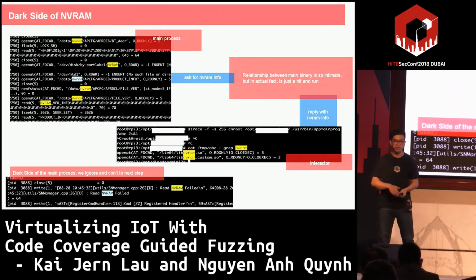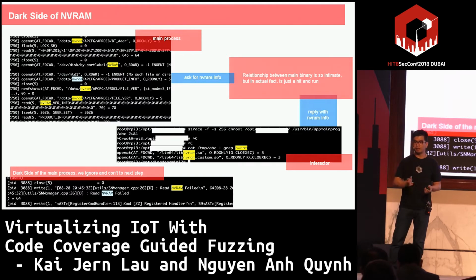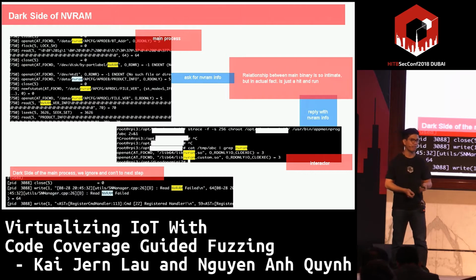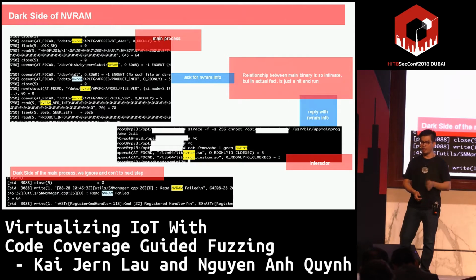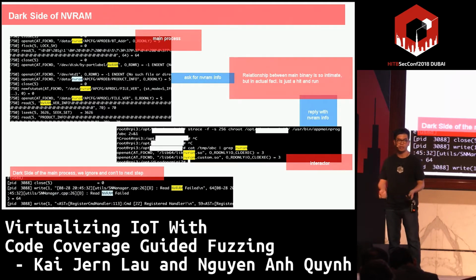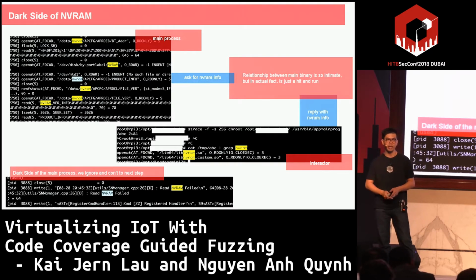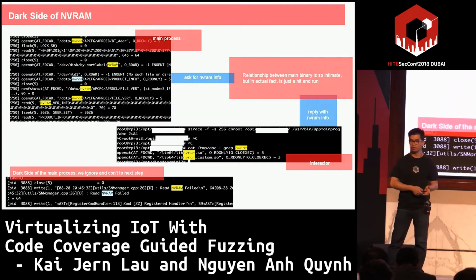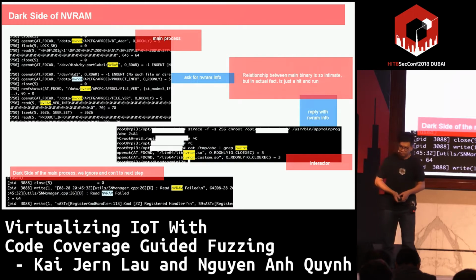One good thing about emulating firmware to analyze IoT devices is you have your apt-get. You can install whatever you need, your Python 3, your Python 2.7, into your virtualized environment and run whatever code you want to lie to the binary. You try to cheat the binary to get through whatever you wanted to patch.